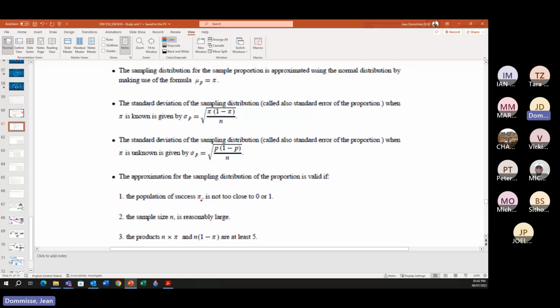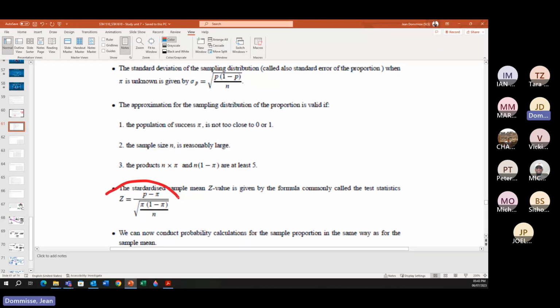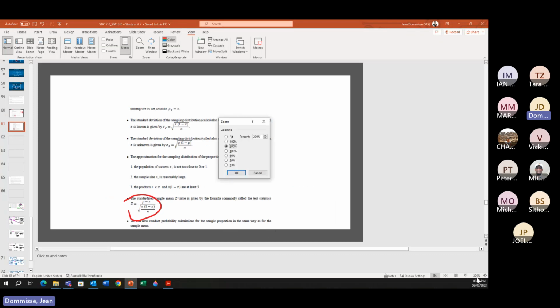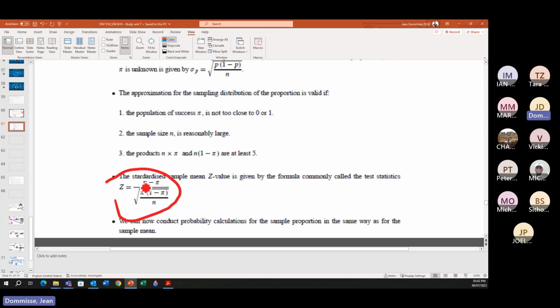And then the other thing that is important is that when we calculate the z, it does look a bit different than the formulas that we are used to. It will bring in the proportion that they will normally talk about, like in a mean.